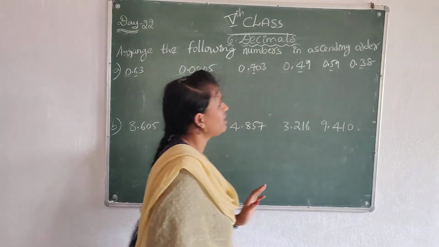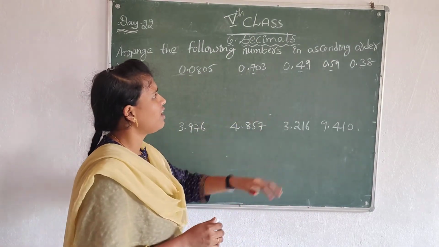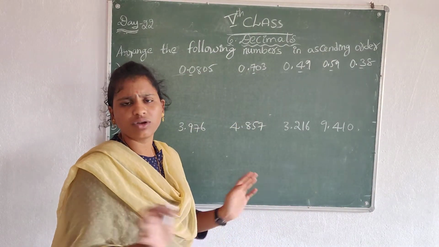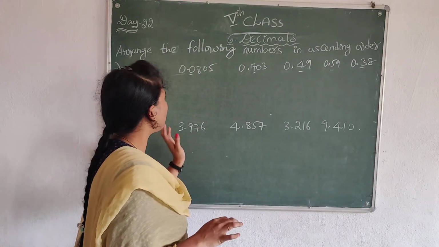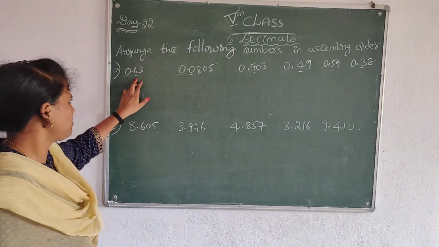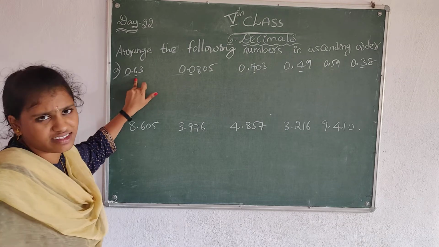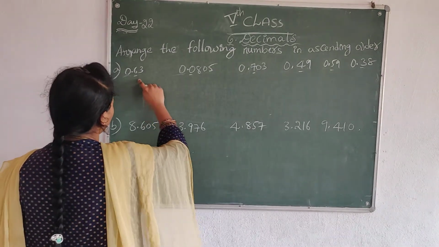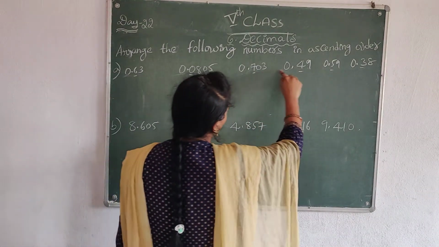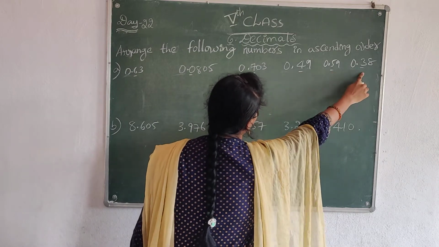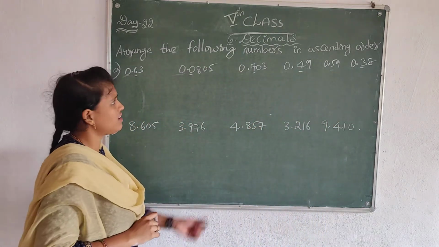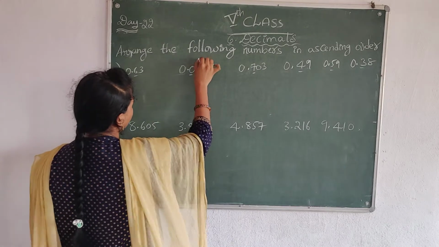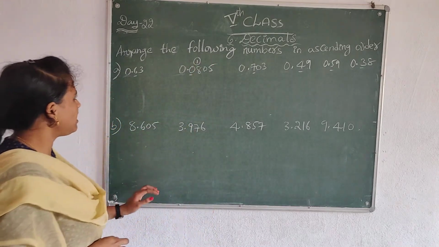Don't consider how many digits are after the point. Just consider the first digit after the point. Which is the small digit? 0 is the small digit. So put 1.